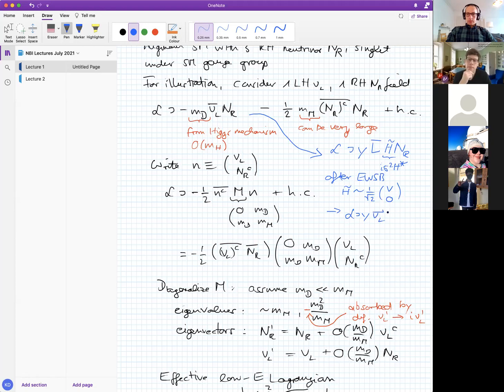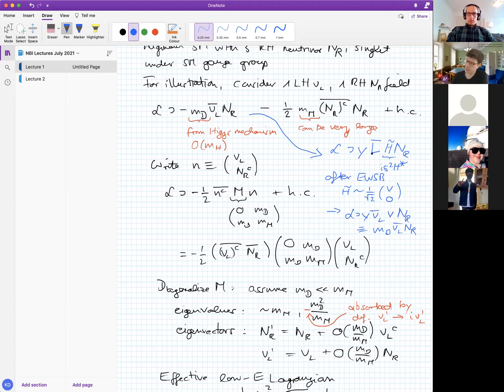Oh, sorry, it should not be an arrow, that should just be a bar. There is the VEV of the Higgs, and there's the right-handed field. And then the Y and the v together is what we call the Dirac mass. So by definition, this is M_D times nu_L bar nu_R. So this is how you obtain it from the SU(2) invariant theory.